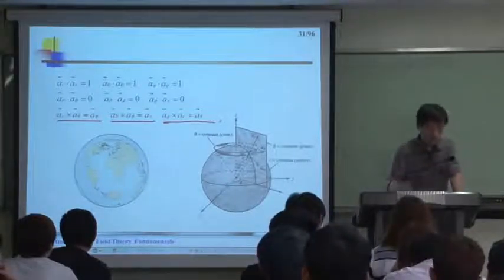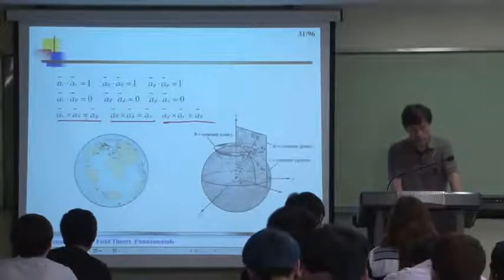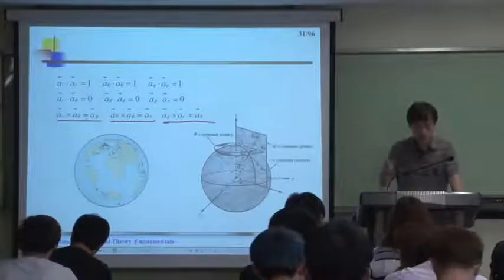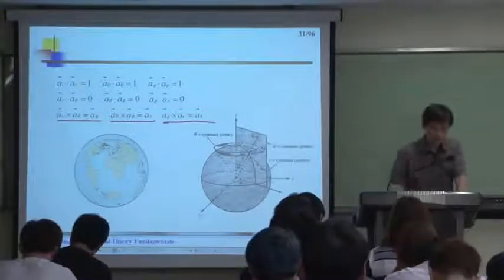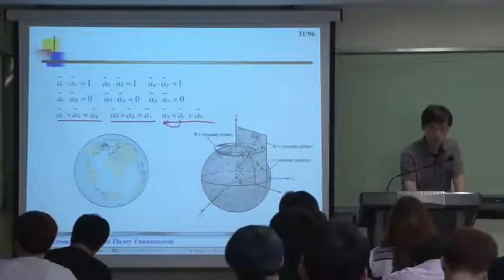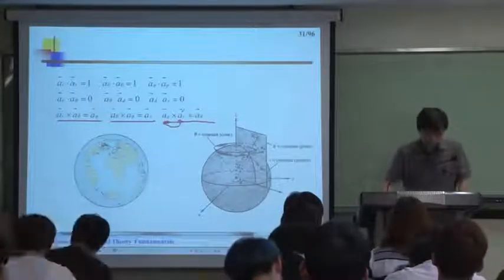So A R cross A theta equals A phi, and then the order should be rotated, and then you can obtain the same relation. If you change the order, then it should have the minus sign.